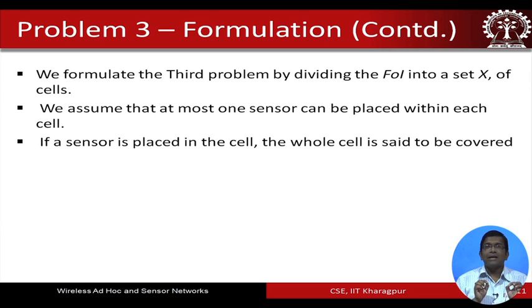So, the entire region of interest you segment into different cells, and within each of these rectangular cells you place at most one sensor node. If all the cells have a sensor node placed, the whole region is said to be covered.